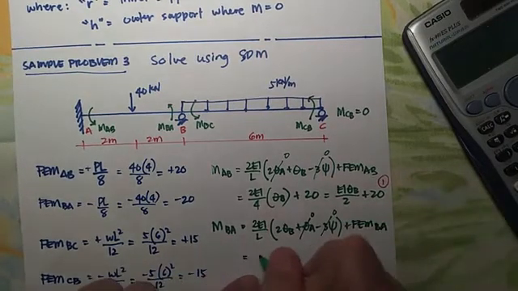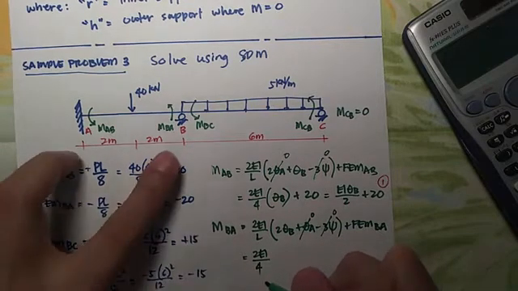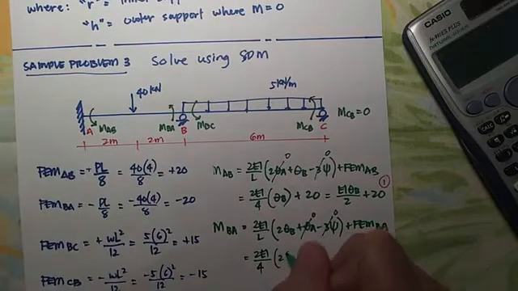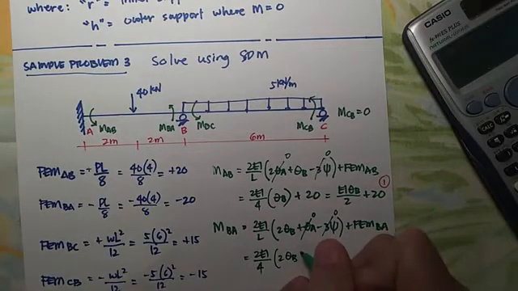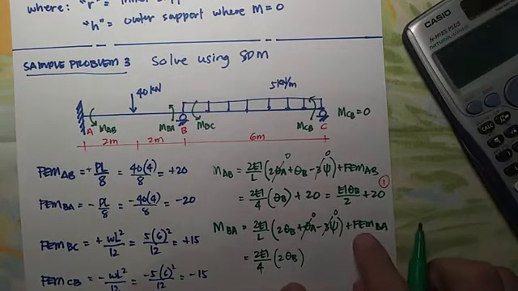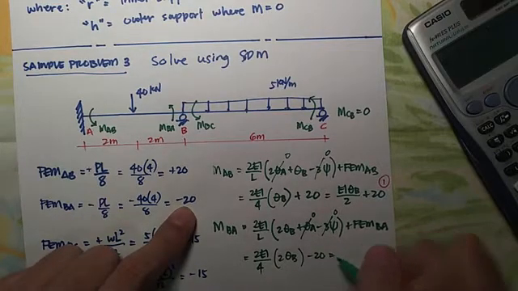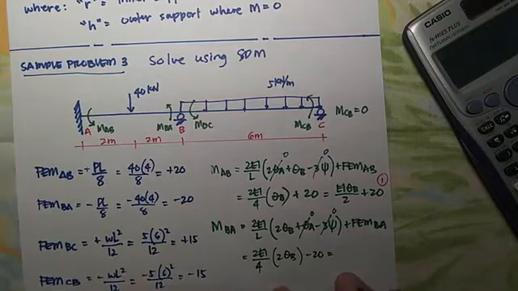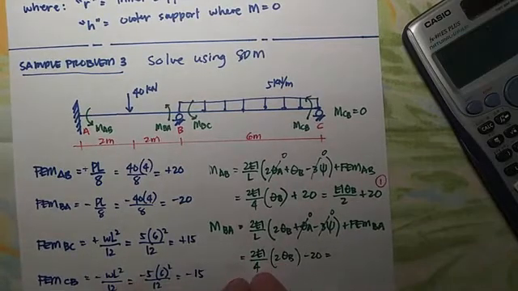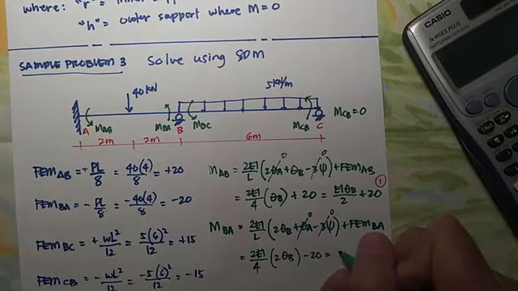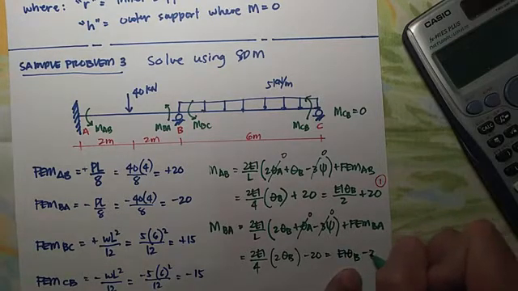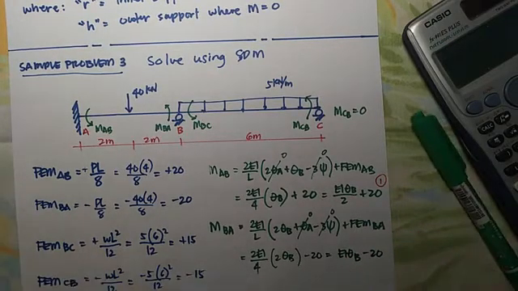So what is left is 2EI over L, where L is 4 meters, times twice theta B, plus FEM of BA, which is negative 20. Simplifying, 2 times 2 is 4 over 4 is 1. So this would be simplified as EI theta B minus 20. That would be our second equation.